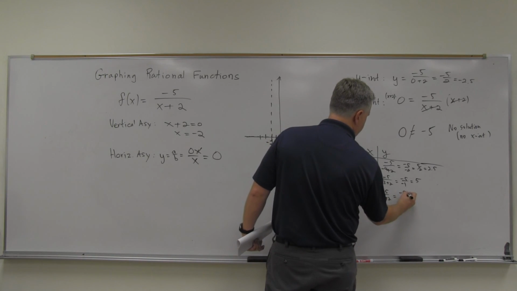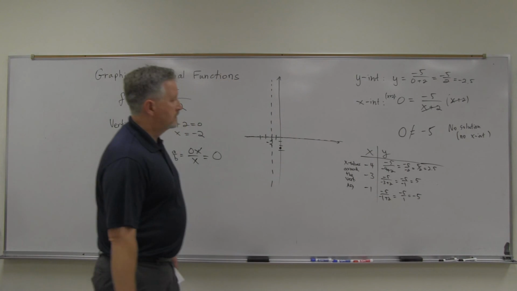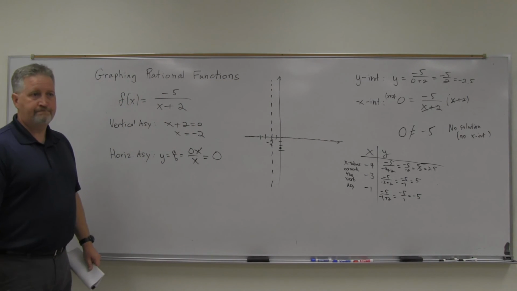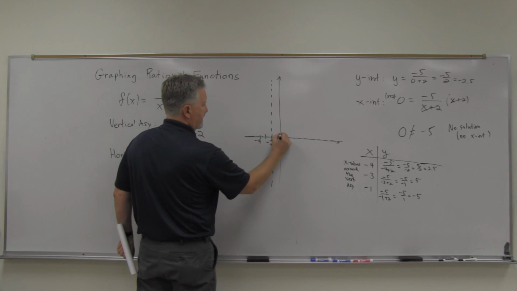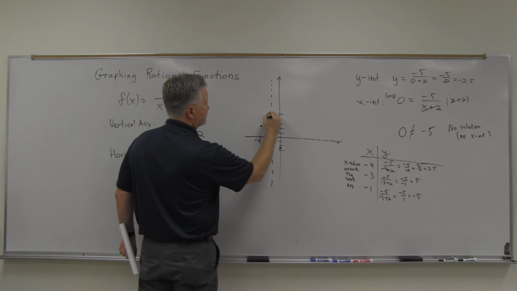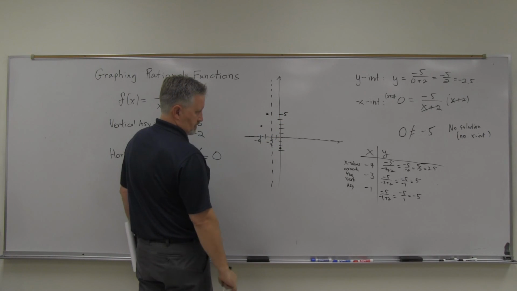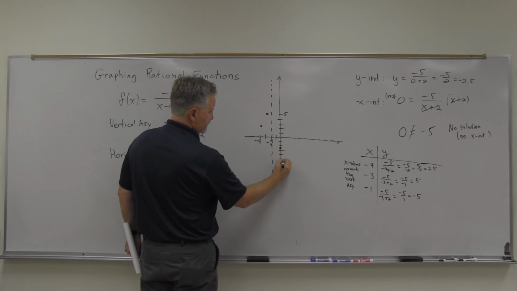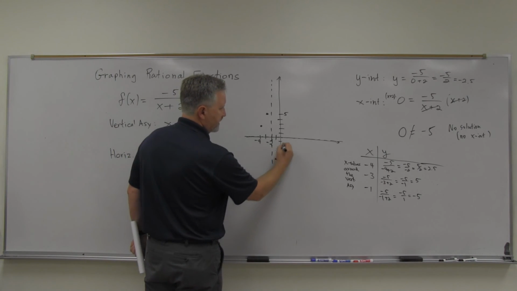So that's -5 over 1, which is -5. Did I do those right? So at -4, I am at 2.5. At -3, I'm at 5. At -1, I'm at -5. Like I said, with the 0, we've already got it marked.